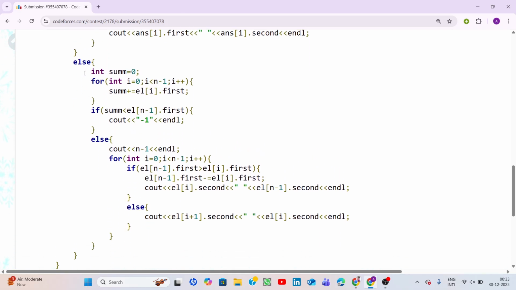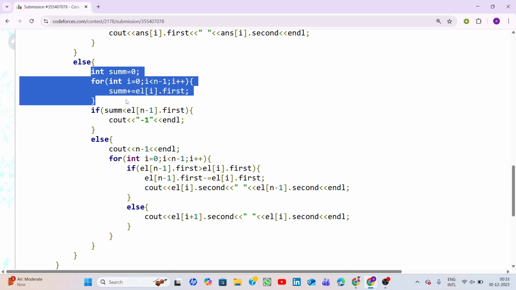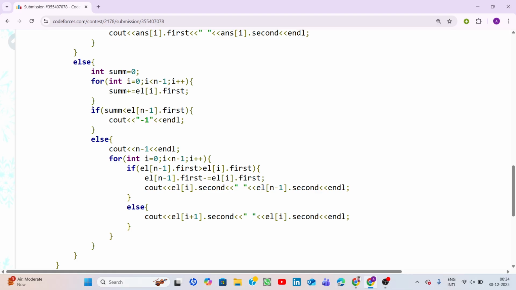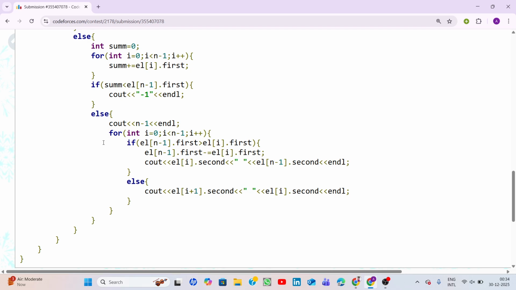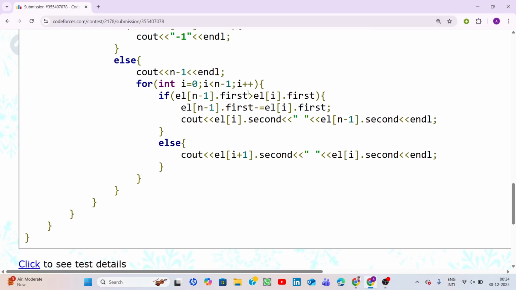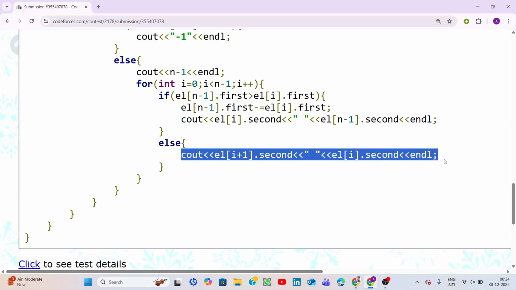And suppose the value of k is equal to 0. So what we did was we took the sum of all the elifs, and if this is greater than the last elif, then we would just print -1, else we would print n minus 1, and till the value of the last elif is greater than any elif, we would subtract it from ai, that what I have just discussed, and at the last we would just print our answer.